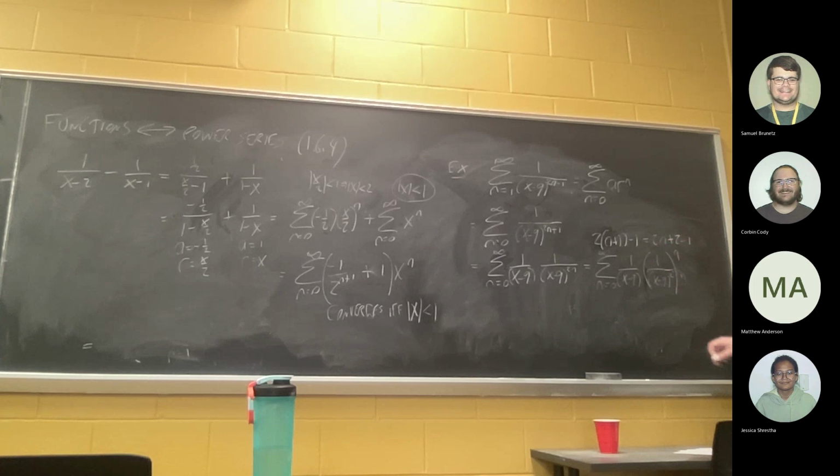This is a geometric series where a is equal to 1 over x minus 9, and r is equal to whatever's being raised to the nth power. So that's 1 over x minus 9, the whole thing squared.